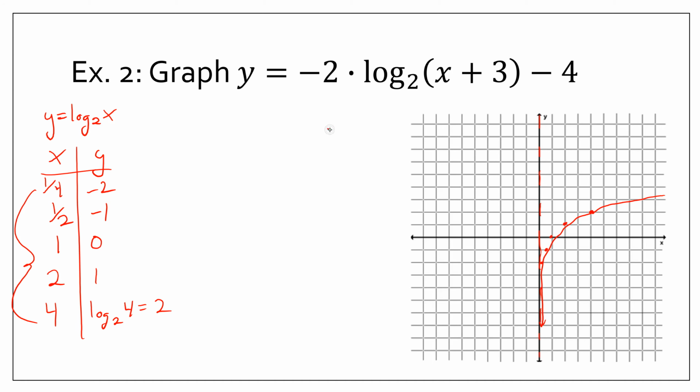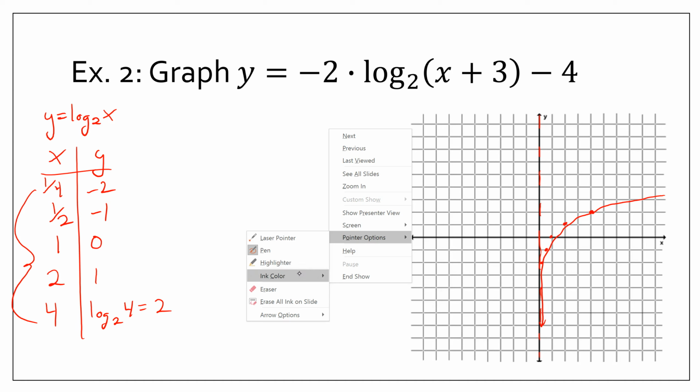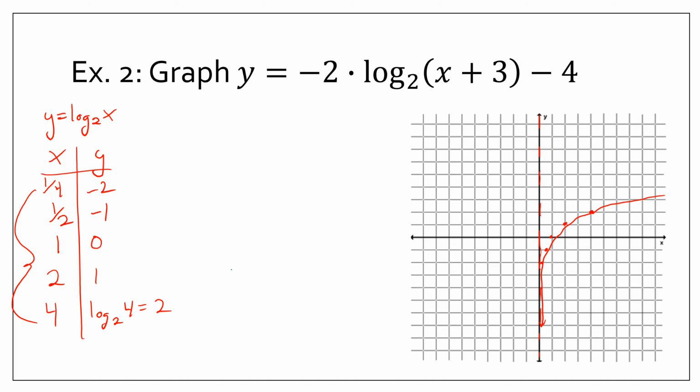But this isn't just any old function. This is a transformed function, or an advanced function. So we need to take care of this reflection and stretch. This is a reflection. It is also a stretch. And both those things are happening by -2. Remember, we're multiplying the y-coordinate. So here, where the y-coordinate's -2, it's going to become 4.